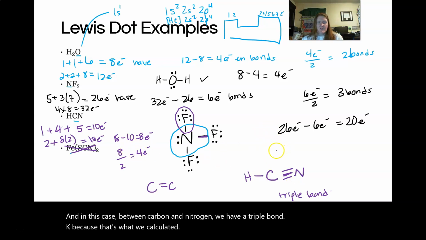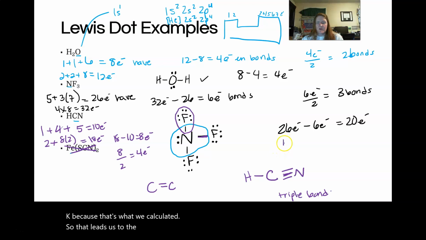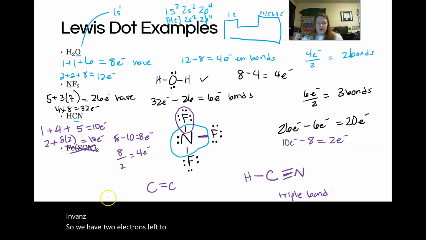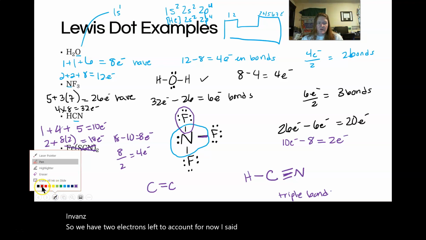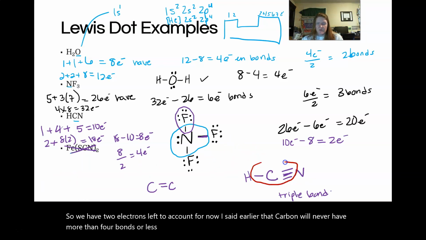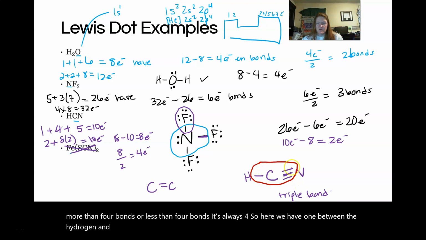So that leads us to the last step. We had 10 electrons to begin with. We put 8 of them in bonds. So we have 2 electrons left to account for. Now, I said earlier that carbon will never have more than 4 bonds or less than 4 bonds. It's always 4. Here we have 1 between the hydrogen and carbon and 3 between the carbon and nitrogen. So that is a complete octet.